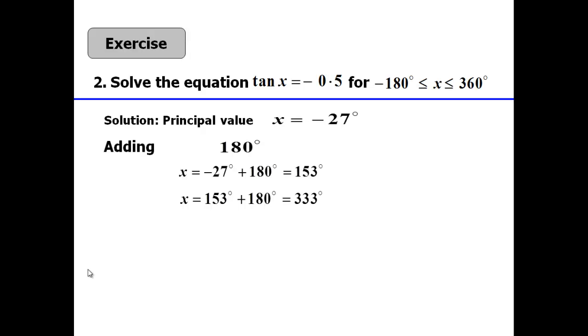So adding 180 gives us 153 degrees. Adding a further 180 gives us 333 degrees, and we can see that those are the only values we'd get within that interval. So 3 angles as solutions to that question.